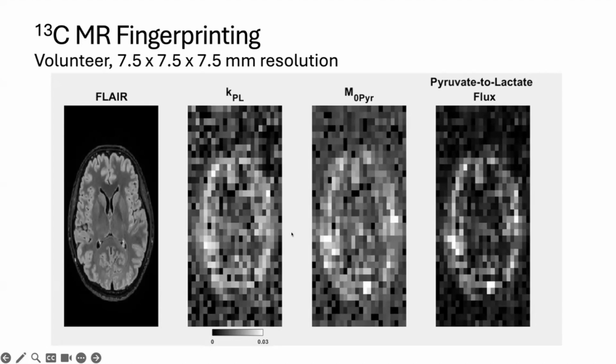Clearly, it is a noisier result, but if you squint, we can still see the higher cortical values of KPL compared to the deeper white matter and slightly higher thalamic KPLs. I think these are very, very promising, and we're going to continue to explore what resolution is both reliable and clinically useful.